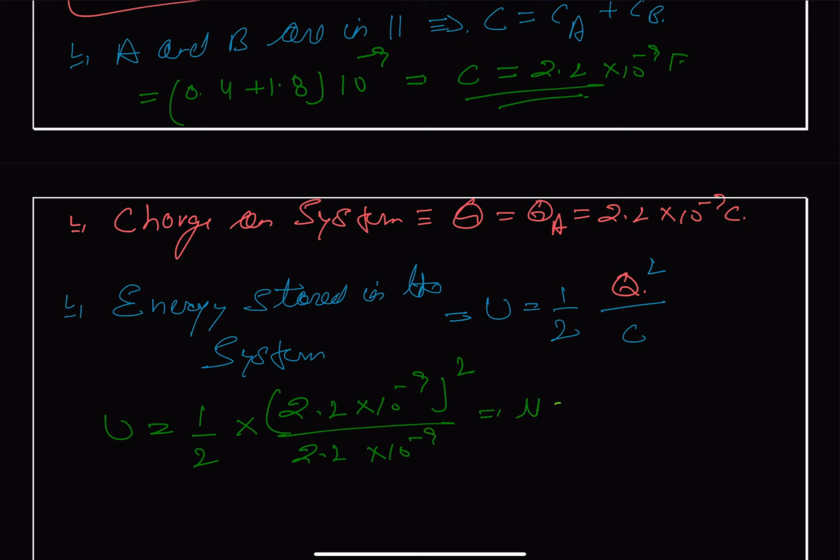This gives us that our U is equal to 1.1 into 10 to the power minus 5 joules.